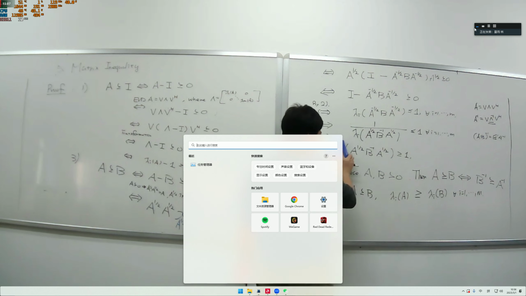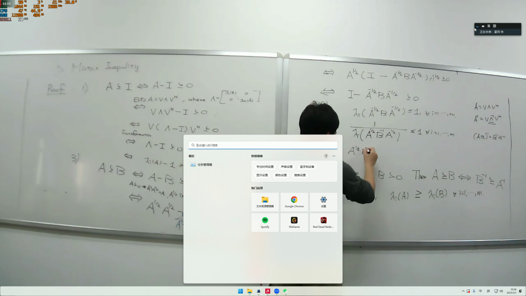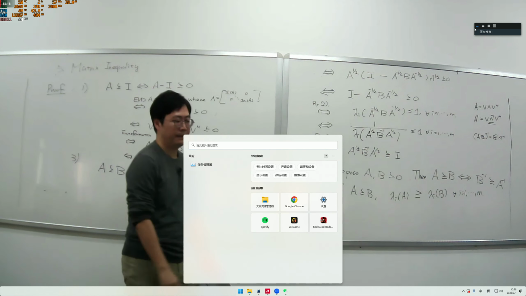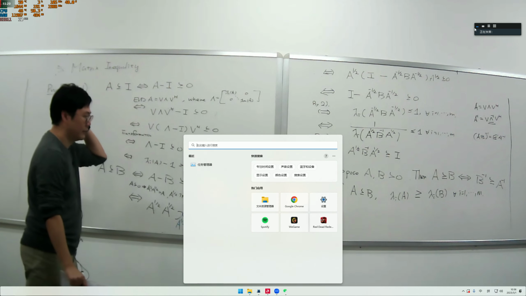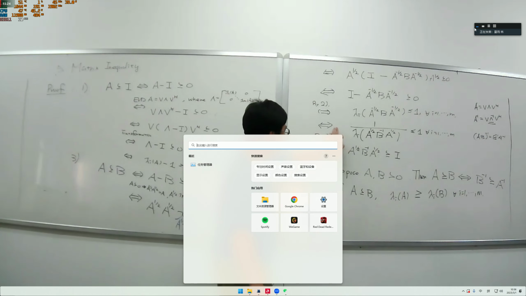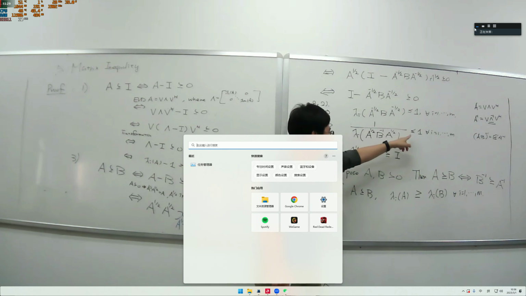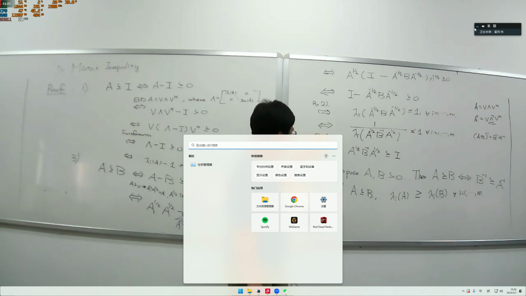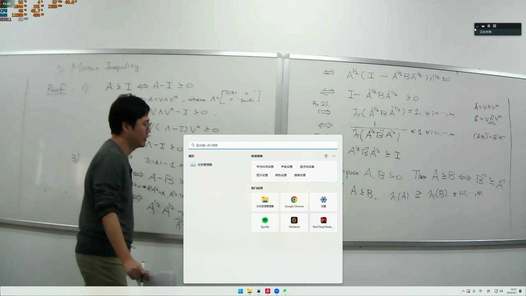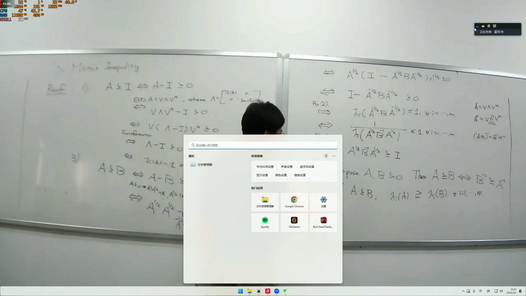is no smaller than 1, right? Which implies this matrix is greater or equal than identity. So here, this means the eigenvalues in the denominator are greater or equal than 1, then by the first property we just proved, this matrix is greater or equal than identity.